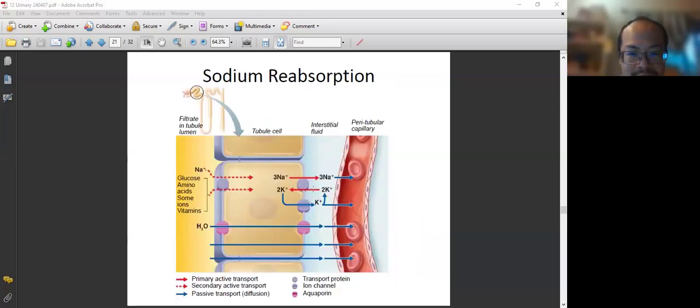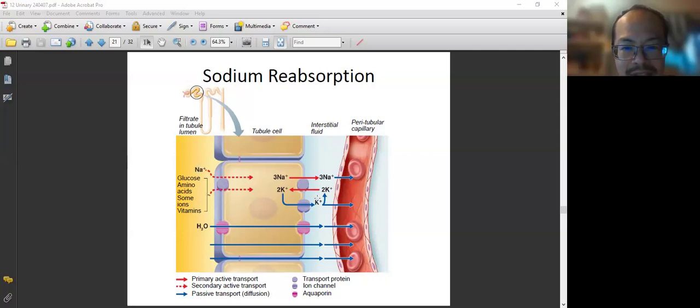Basically the situation here is, where is that here? Sodium potassium pump in the basolateral side. They pump the sodium back to our body, sodium goes to the blood, reabsorbed back. So you create a low sodium environment in the cell, and so sodium can come in.